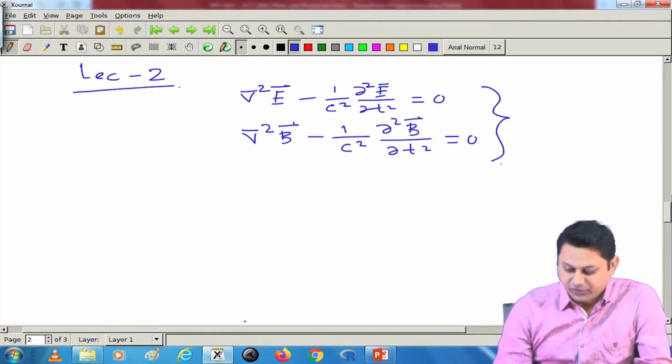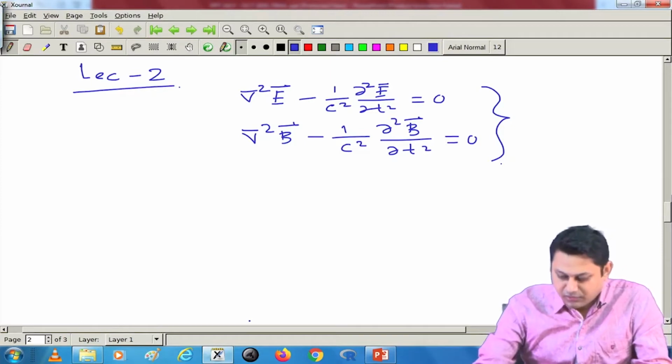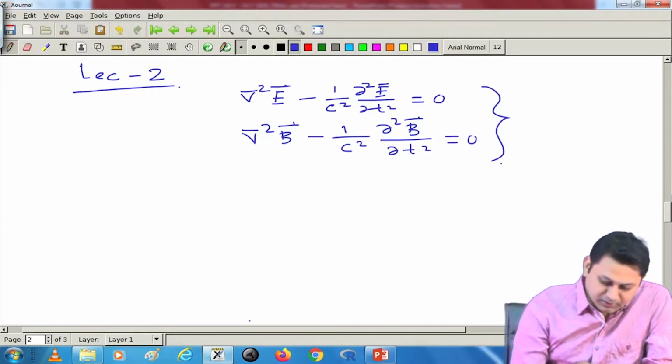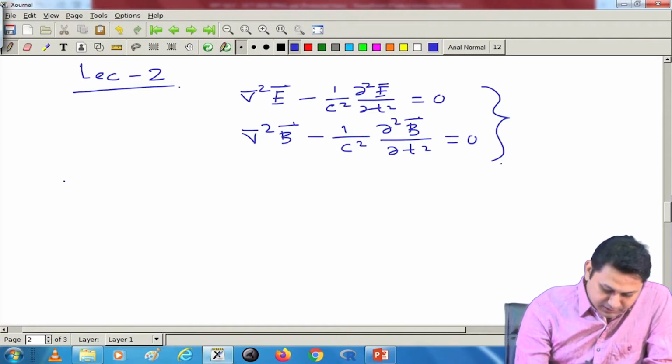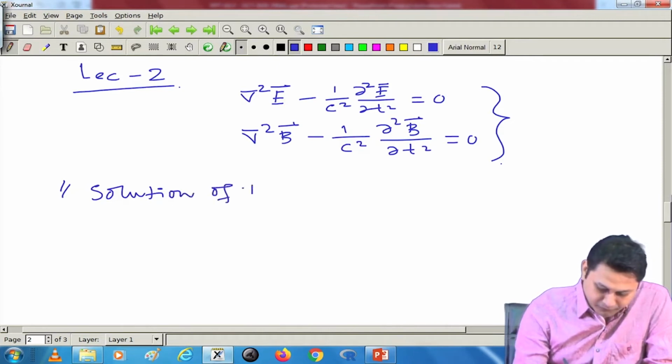So, today we will try to find out the solution of the Maxwell's wave equation, and the solution we will find this way.